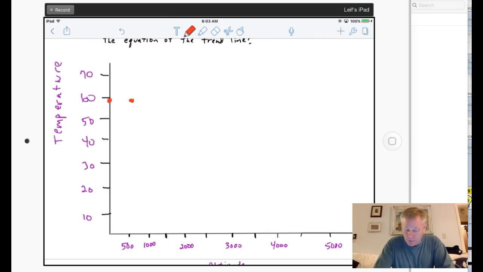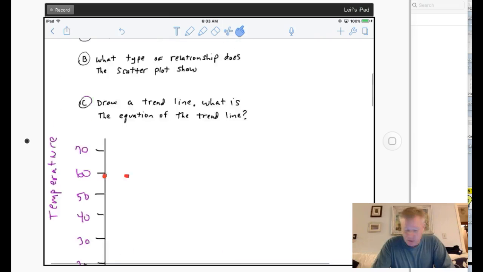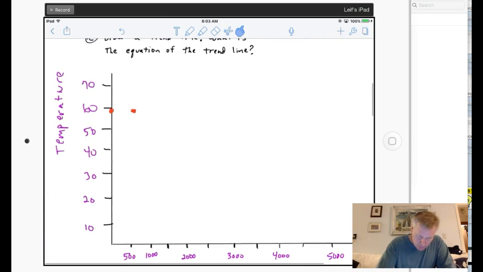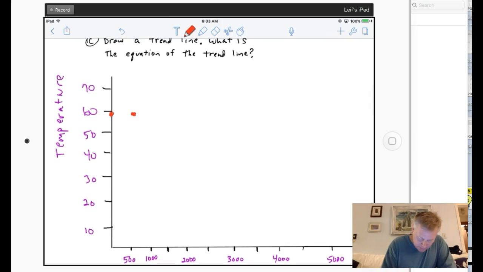Okay, 1,061.3 is next. So 1,000 is here, and 61.3 is above 60, so somewhere around here. And the next one I got is 2,041.6. 2,000 is here. 41.6 is approximately here.